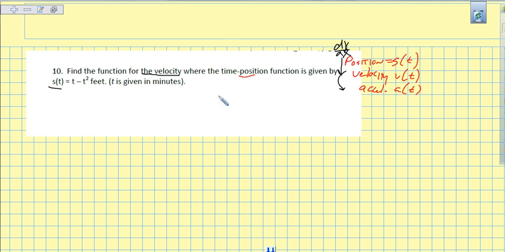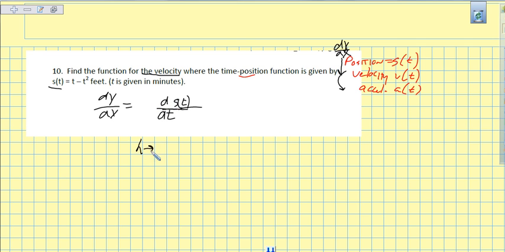We're not looking at a specific time period, so we're just going to find dy over dx, but nothing here is given in terms of that, so it's going to be over t, the derivative of s of t over dt. Don't get too hung up on this notation.